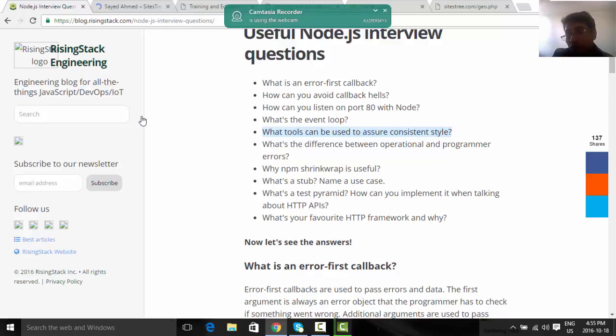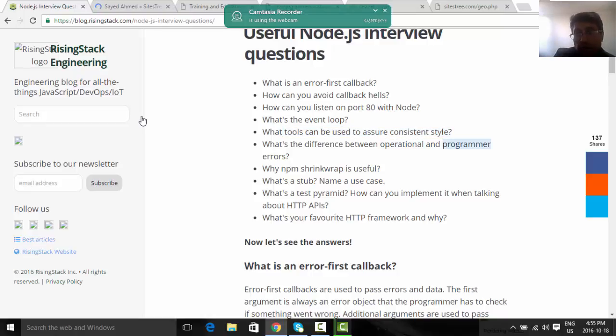I'm not sure what they're referring to with consistent style. If it is consistent coding style tools, I have to see what actually they are referring to.